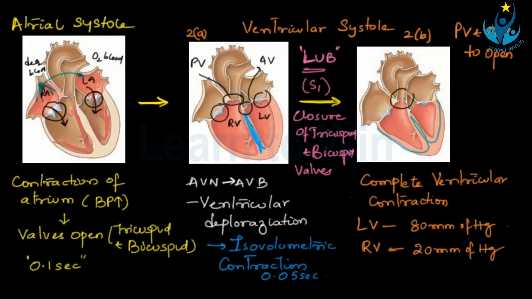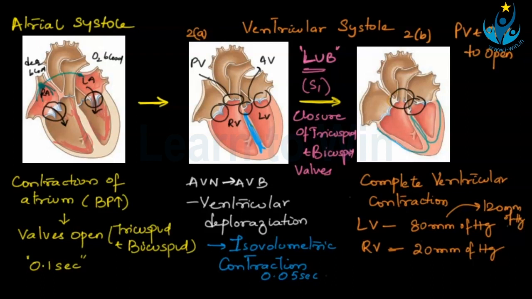Here you can see in the image both the valves are open. Once these are opened, there will be ventricular ejection, meaning all the blood will move. The pressure of the ventricle will slowly rise from 80 to almost 120 mm of Hg. The contraction keeps on proceeding.